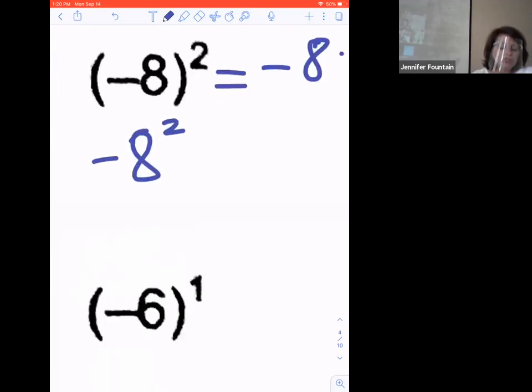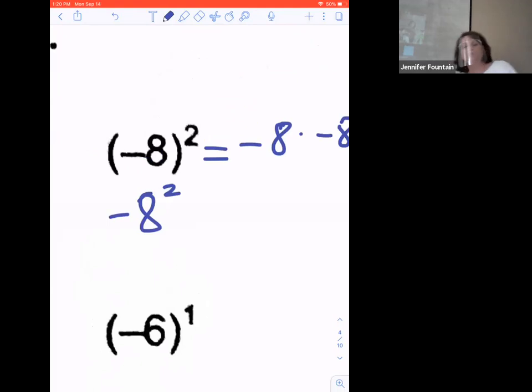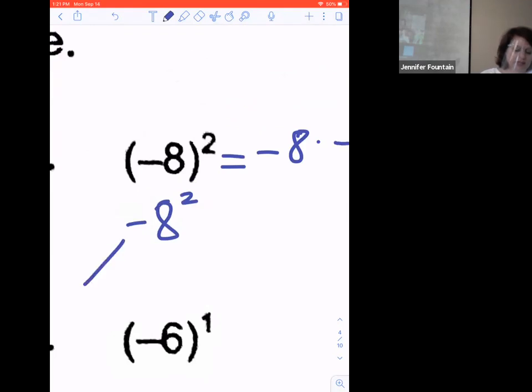Now, one of the things I want to show you, though, that this textbook doesn't, is that when I am dealing with exponents, I have to pay attention to what's in parentheses and what's not in parentheses and look at my negative, okay? So the way that these two problems are different, in parentheses above it, I have (-8) squared. But now I have -8 squared, but the way we read this is the opposite of 8 squared, okay?